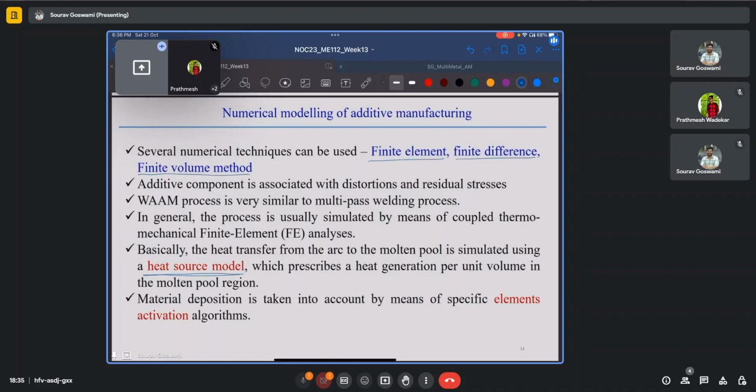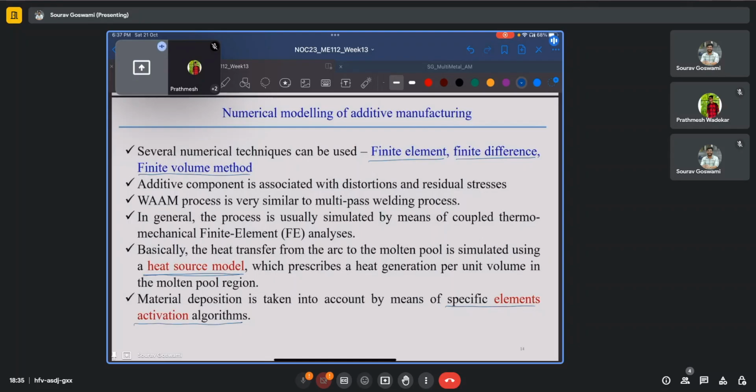And this actually prescribes the heat generation per unit volume into the molten pool region, and the material deposition is actually accomplished by the activating of specific elements depending on the controlling function. So it's not like we are actually actively depositing any materials into the melt pool.